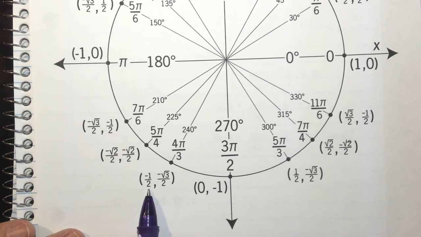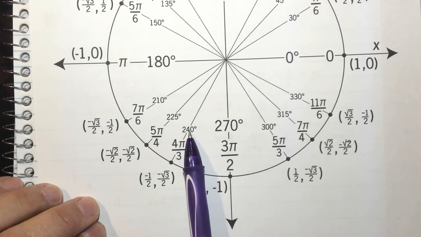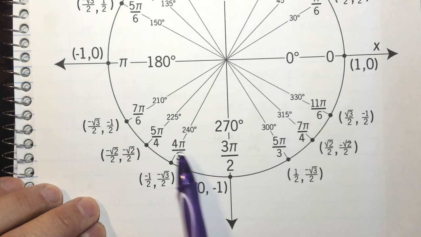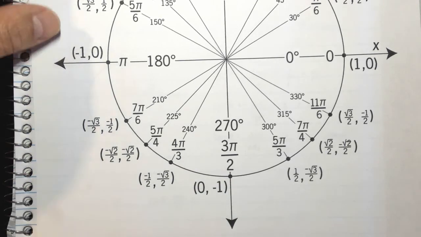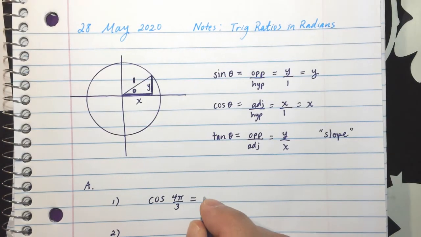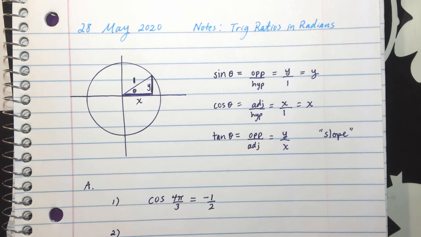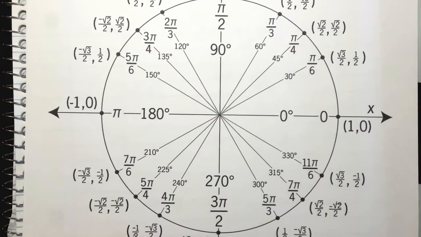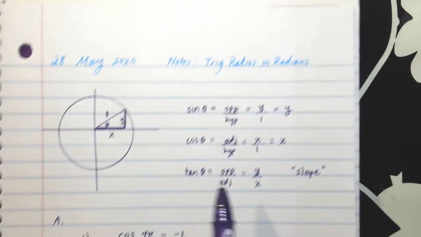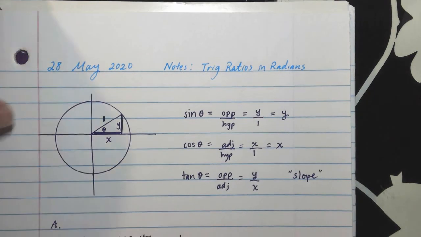So cosine of 240 degrees is negative a half, or 4 pi thirds, which is the same, negative a half. So the answer to this question is negative 1/2. Simple. You're not even doing math. You're just finding the answer on the unit circle. You do have to know that cosine is the x value, though.